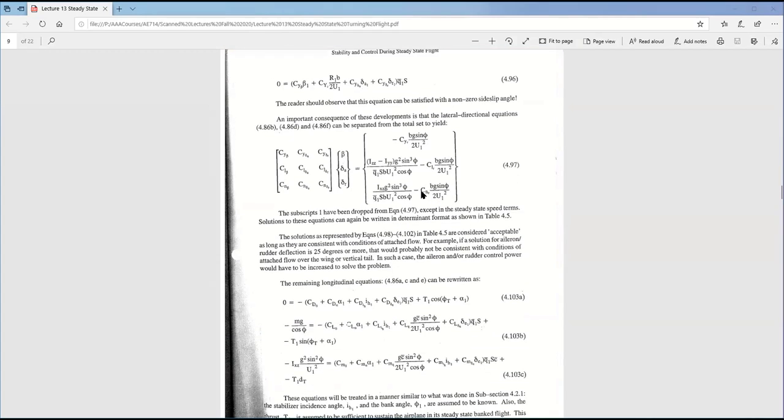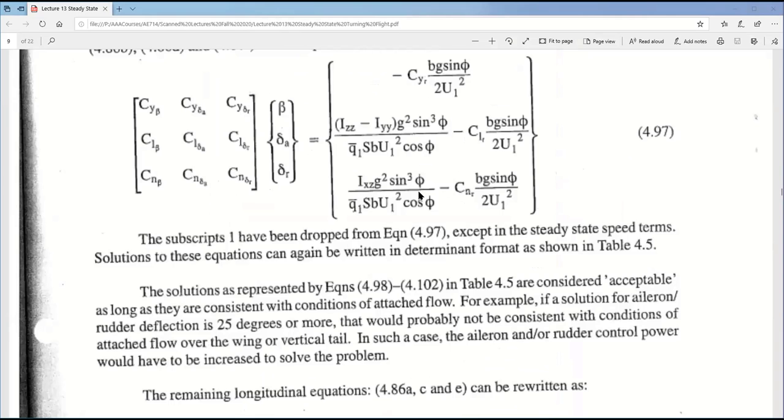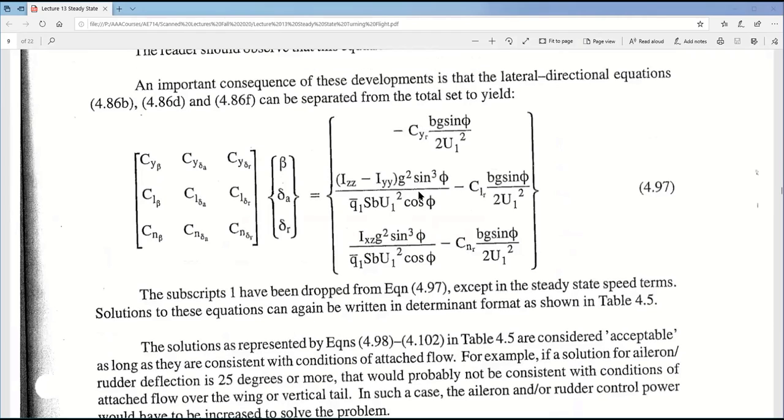All right, so here we go. Got this pulled up. This is that matrix from those three equations and the three unknowns. And you can see all the sines and cosines of phi in here, and those came from substituting in for R1 and Q1 with those formulas.